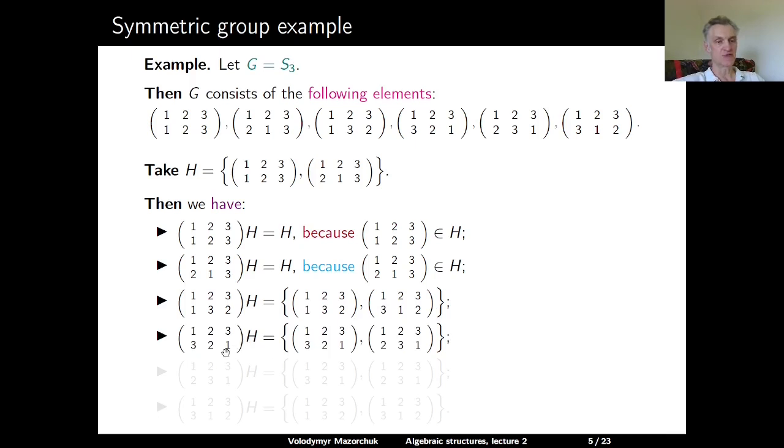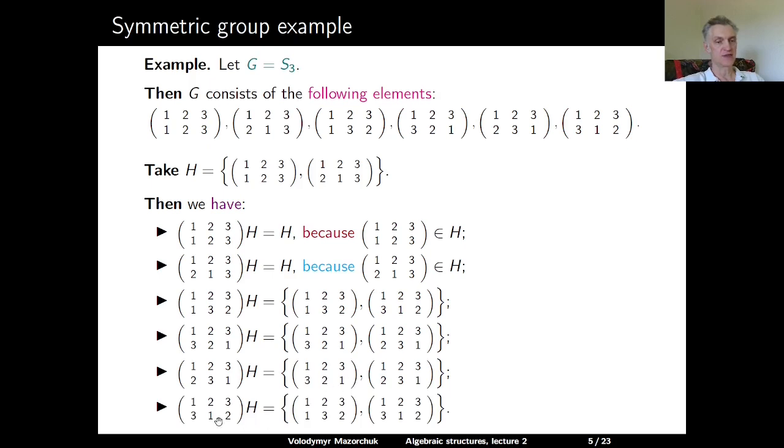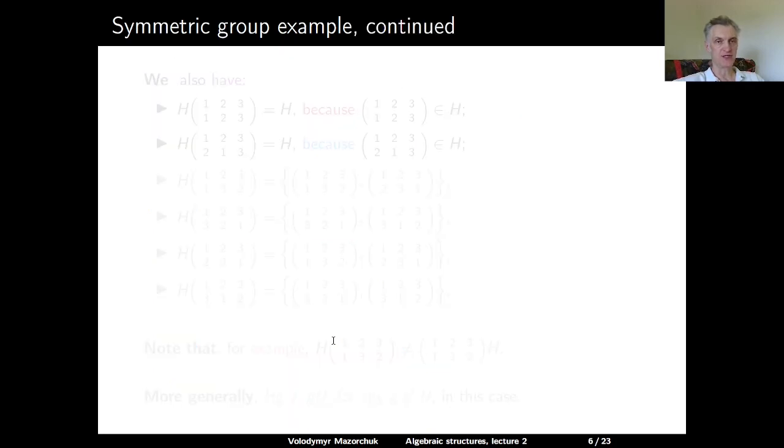If we take the transposition of 3 and 1 and multiply with H, we will get this element, the transposition of 3 and 1, and the cyclic permutation 2, 3, 1. If we take the element 2, 3, 1 and multiply with H, we will get this element 2, 3, 1 and the transposition of 3 and 1. And finally, if we take 3, 1, 2 and multiply with H, we get 3, 1, 2 and the transposition of 3 and 2. So these are the left cosets of H.